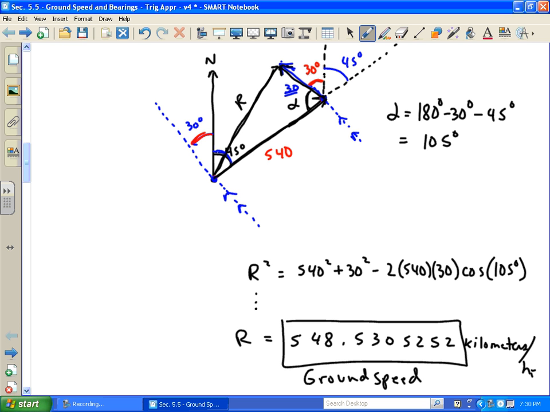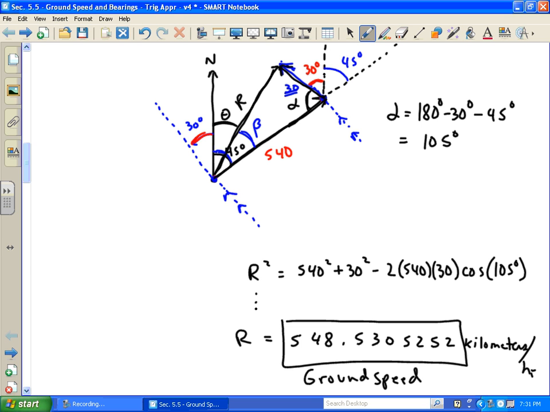The other thing it asked for in this problem, once I found the ground speed, was the direction of the plane that resulted from its speed and the wind. To be able to do that, I need to find the angle from the north line over to that resultant vector. To do that, I'll first come inside of here, and find this angle.